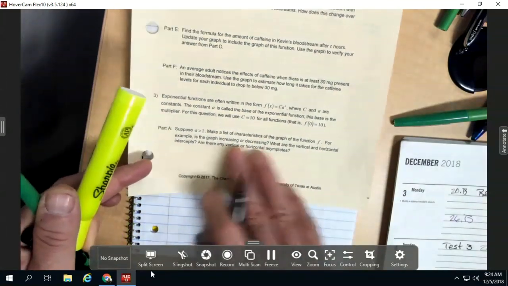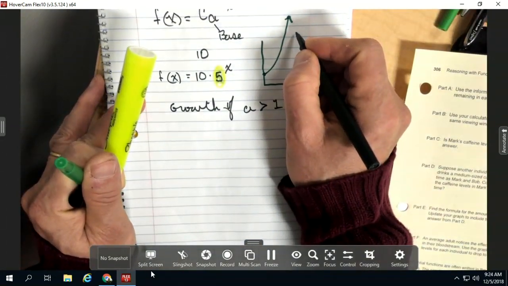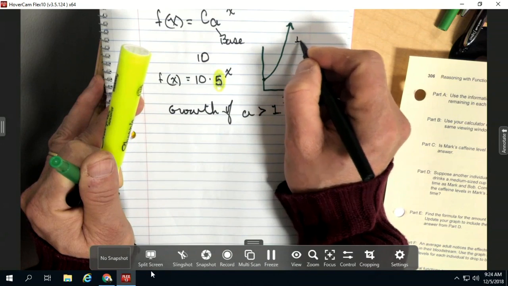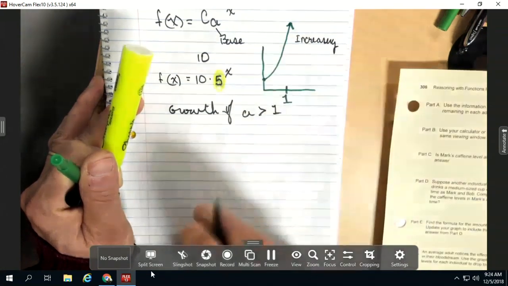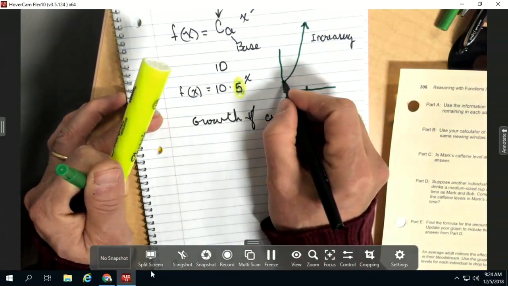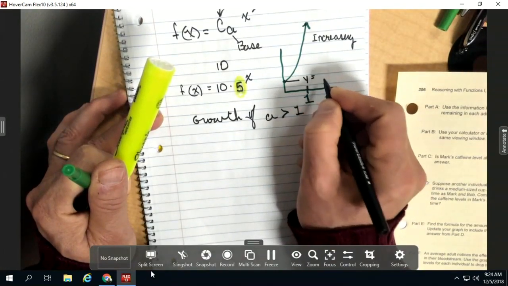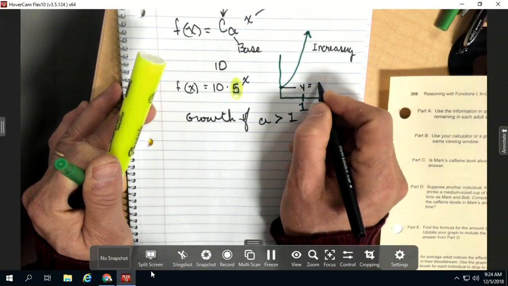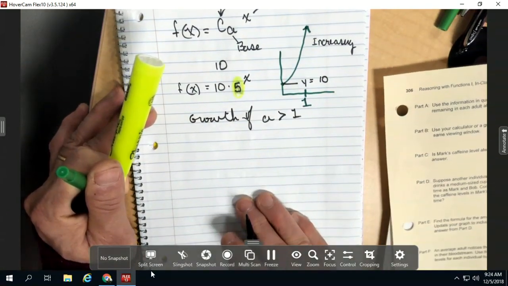For example, is the graph increasing or decreasing? What do we notice? Increasing. What are the vertical and horizontal asymptotes? Horizontal asymptote at y equals 10, correct? Not asymptote, intercept.